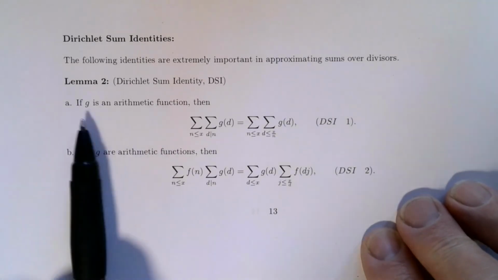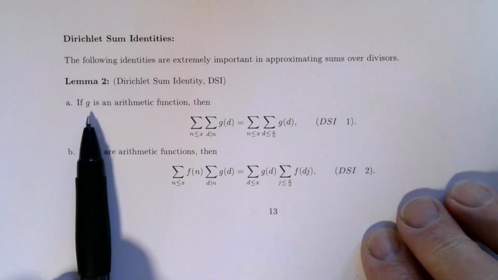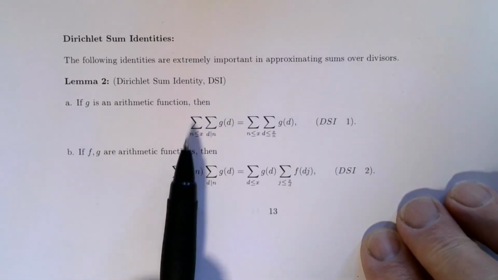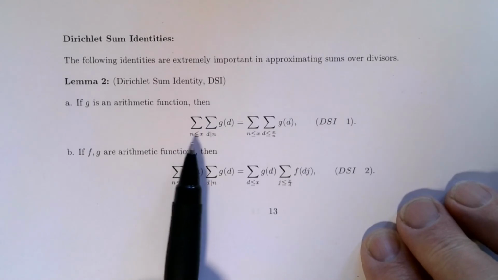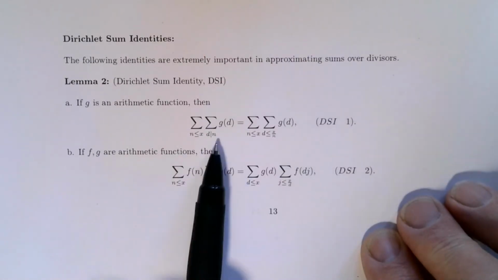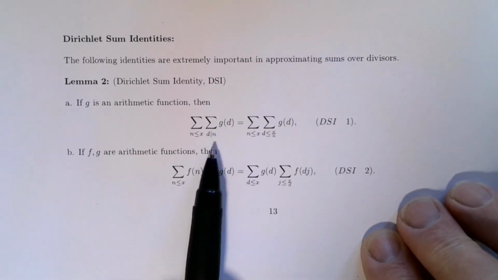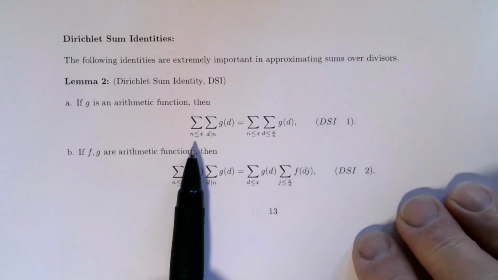So the first one says if g is an arithmetic function, then you fix x, you take the sum over all the integers n less or equal to x, and once you've got your n, you then take all the divisors of n and sum g of d over the divisors of n. Probably best to read it backwards.